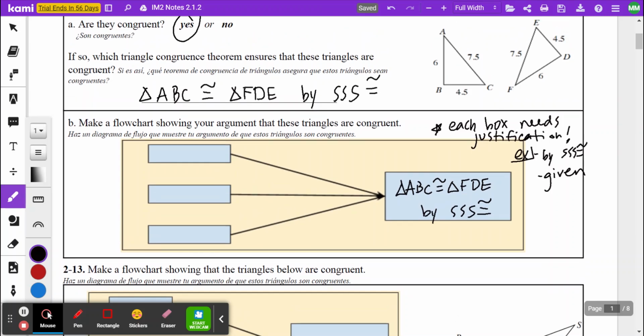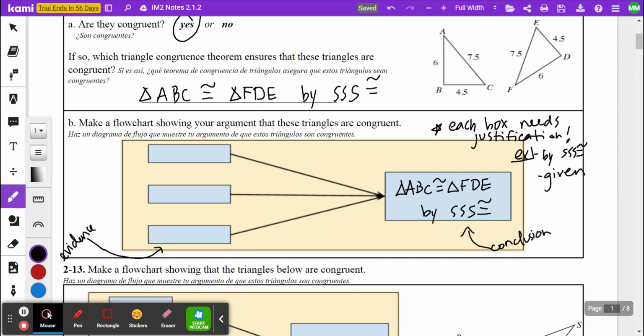Okay, I like to go backwards. That's why I started with my conclusion. This is the conclusion. And here in this column, I'll be doing evidence. Just like if you're writing an essay, you need evidence before you can draw a conclusion.